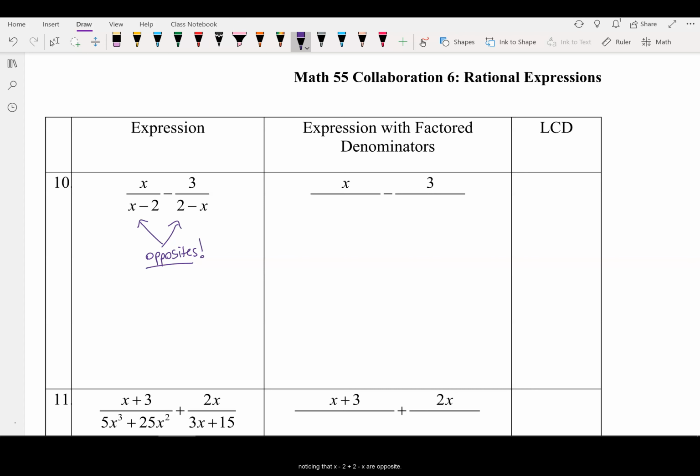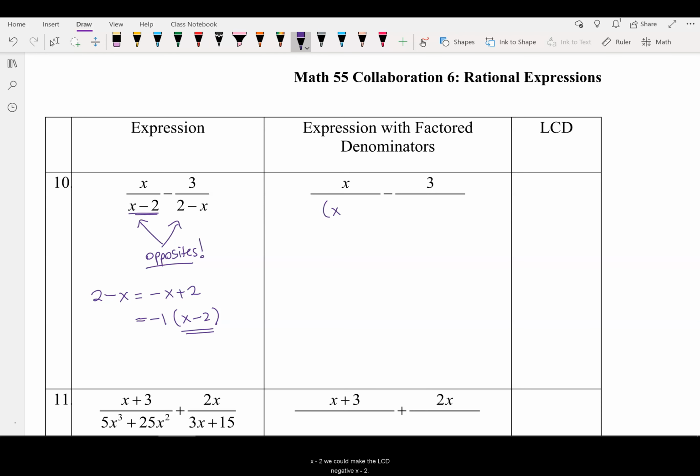So noticing that x minus 2 and 2 minus x are opposites, I can rewrite 2 minus x as negative x plus 2, and then I can factor out a negative 1 in the front, x minus 2. And you can see the x minus 2 with a minus 1 being multiplied in front, just like opposites.